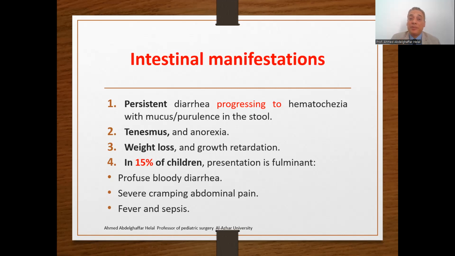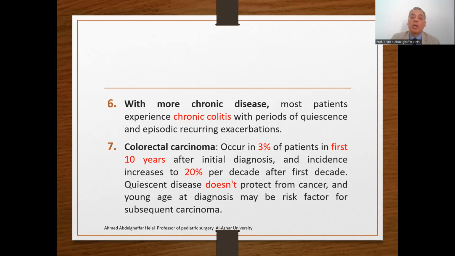In about 15%, the presentation may be fulminant or severe, with profuse bloody diarrhea, severe cramping abdominal pain, fever, and sepsis. However, the main presentation is bloody diarrhea. With more chronic disease, most patients will develop what is called chronic colitis, with periods of quiescence followed by periods of exacerbation.